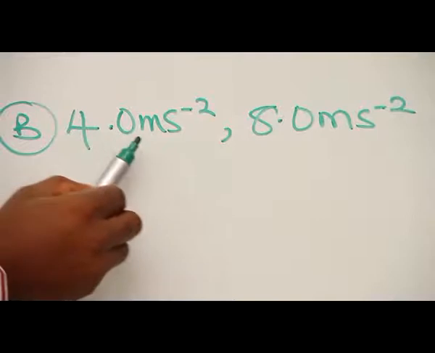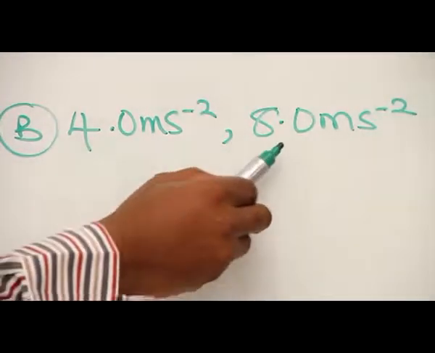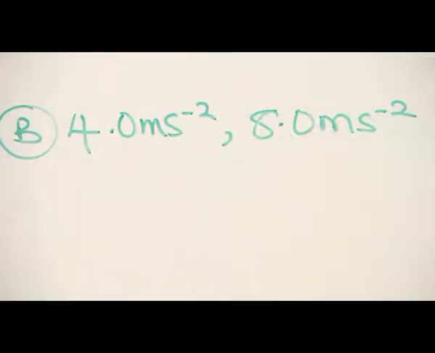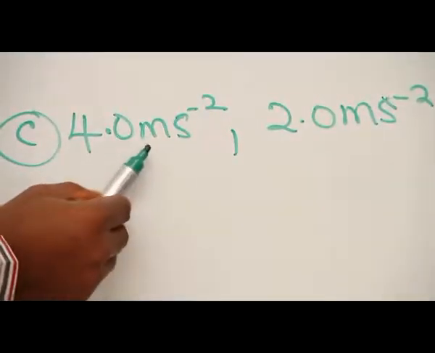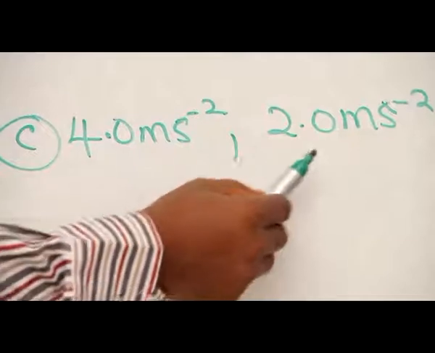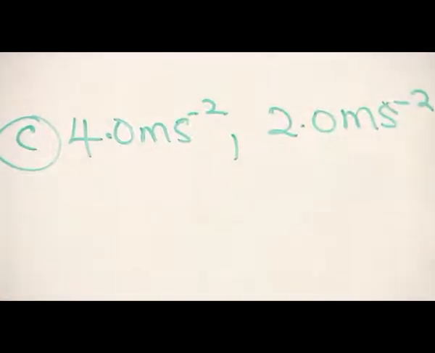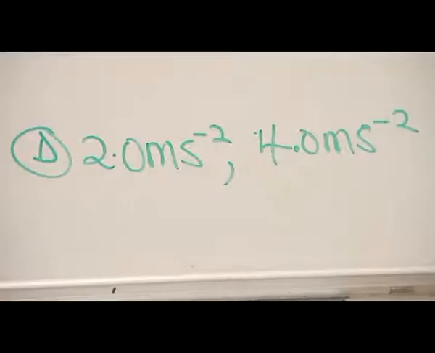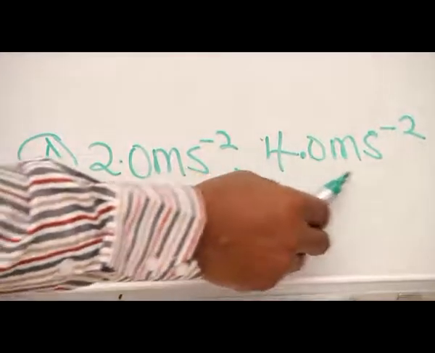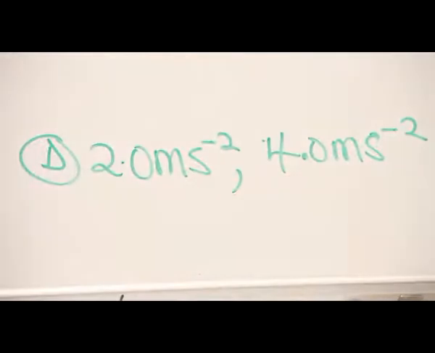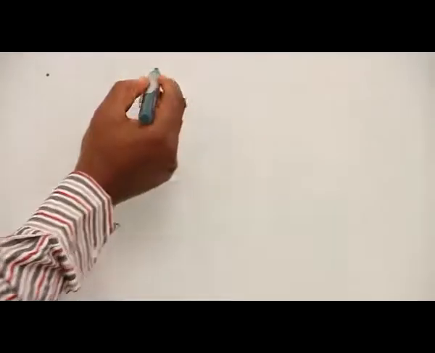B, 4 meters per second square and 8 meters per second square. C, 4 meters per second square and 2 meters per second square. D, 2 meters per second square and 4 meters per second square. Solution.